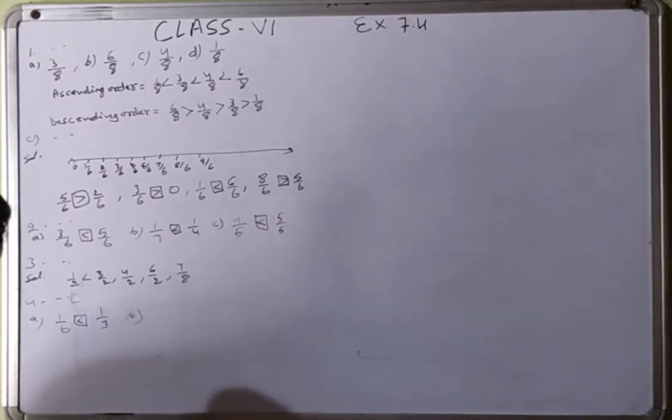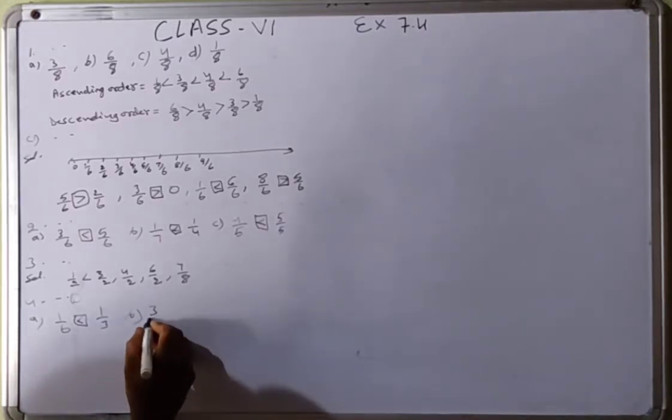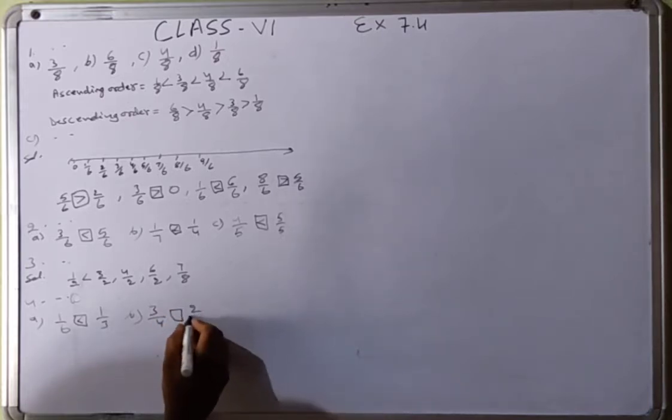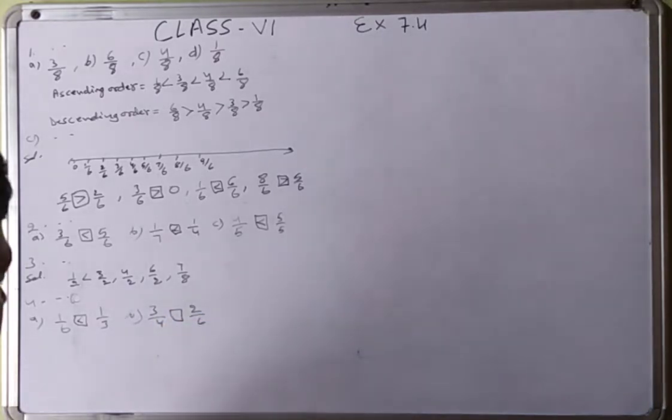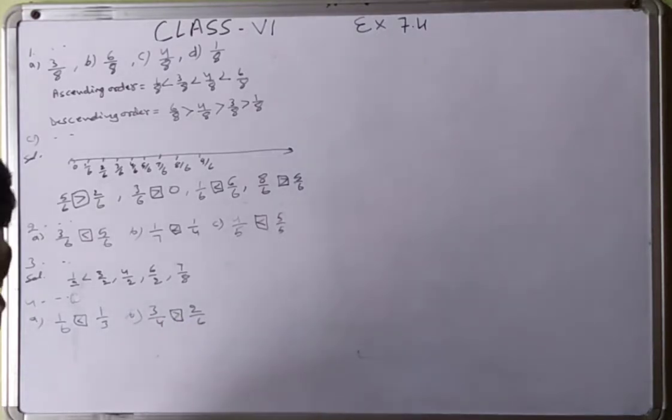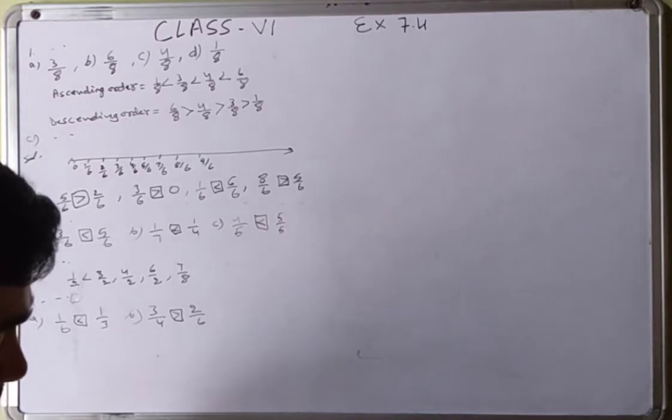B part: 3/4 box 2/6. So 3/4 is greater because 3/4 is on the right side of 2/6.